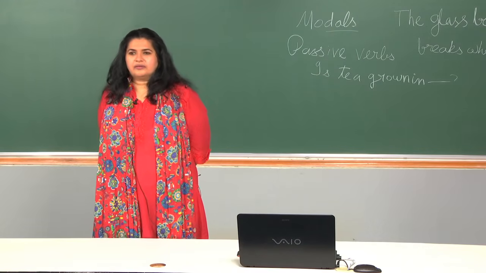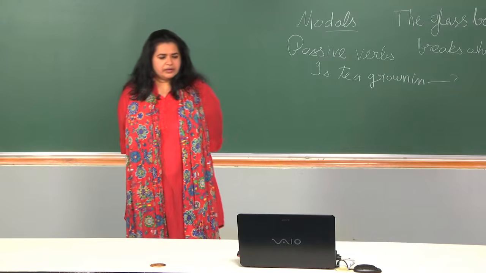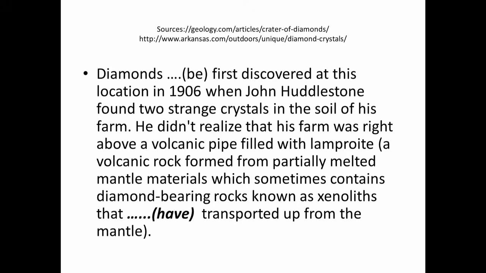Now, look at this exercise, a longer passage, the source is given at the top. Again you have to do the same, fill in the blanks using the appropriate form of the verbs given in the bracket. Diamonds dash first discovered at this location in 1906 when John Huddleston found two strange crystals in the soil of his farm.